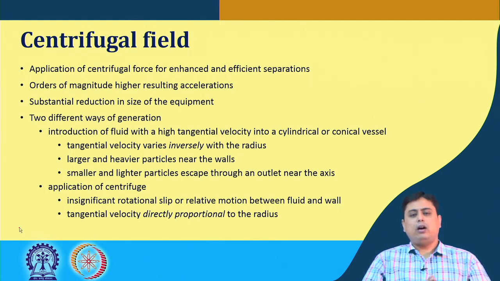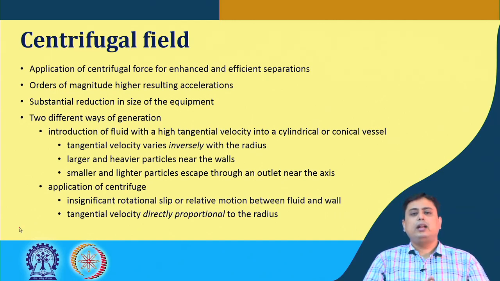The other way of introducing the centrifugal field is to use a centrifuge. That means here the equipment itself is rotating at a sufficient speed that there is insignificant rotational slip or relative motion between the fluid and the solid wall.